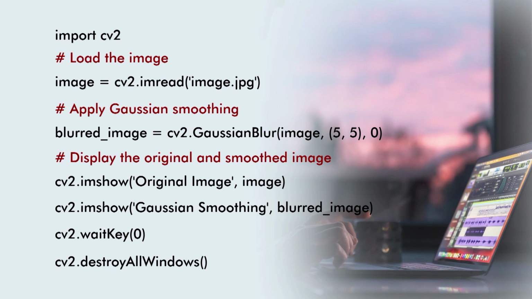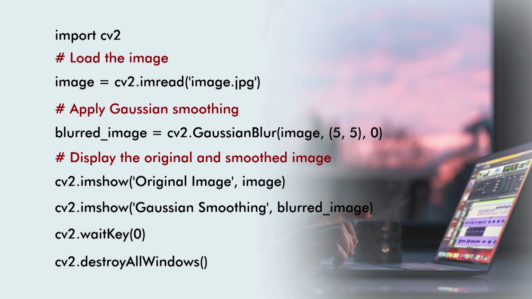Then apply Gaussian smoothing to get the blurred image. In this, we are using the Gaussian blur function with the image and values like 5, 5 and 0. So, after applying Gaussian smoothing, we have to display the original and smoothened image.